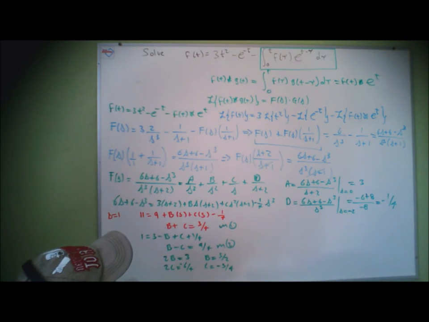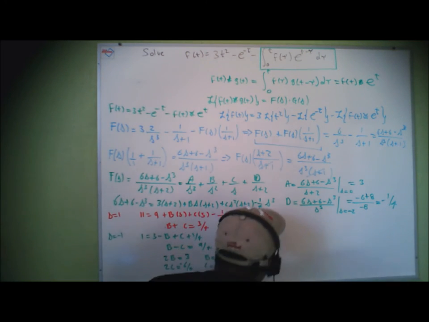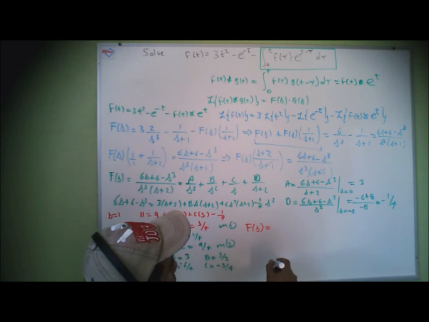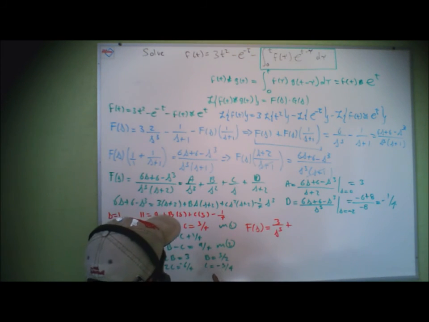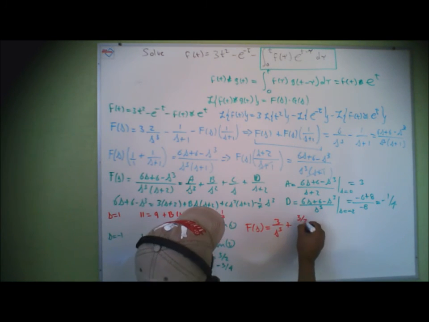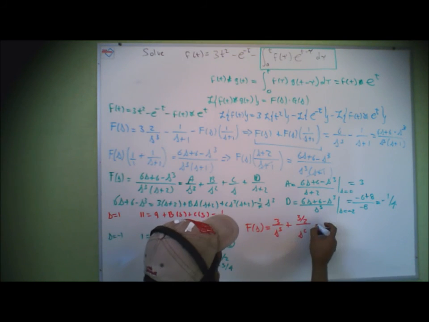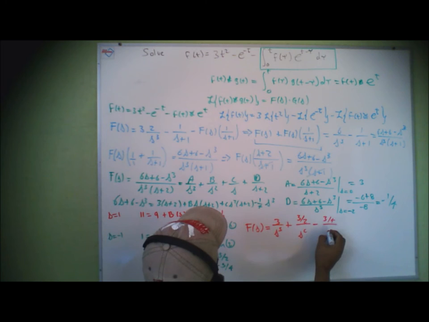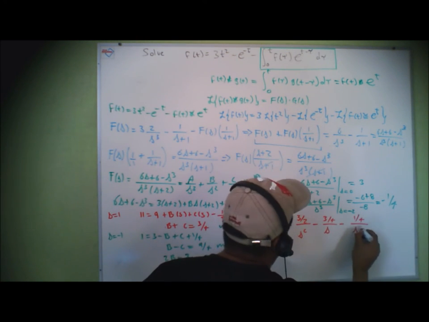Okay, so the partial fractions are like this. Okay, so let's write the solution. F of s is equal to, what is the value of A? 3 over s to the power of 3, plus B, the value of B is 3 over 2, 3 over 2 over s squared, plus the value of C, minus 3 over 4 over s, and then the value of D, minus 1 quarter over s plus 2.